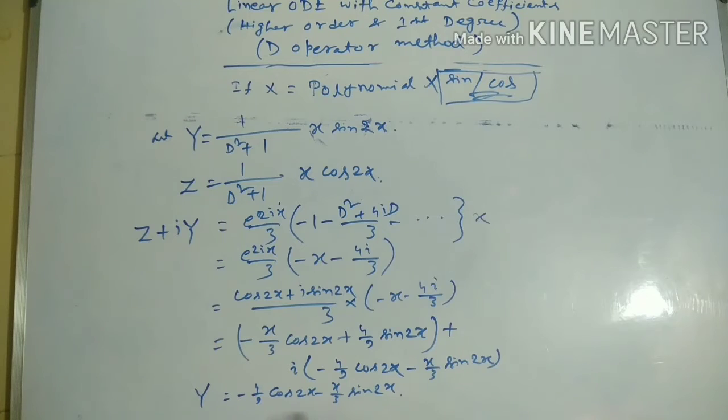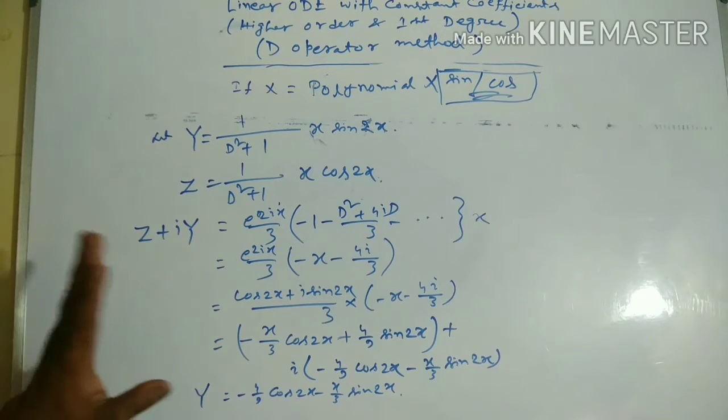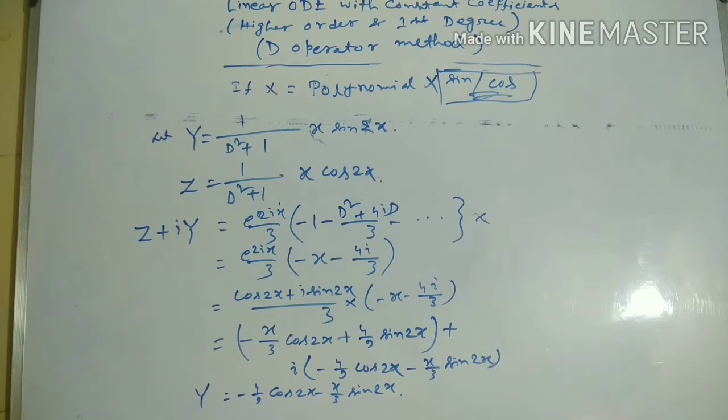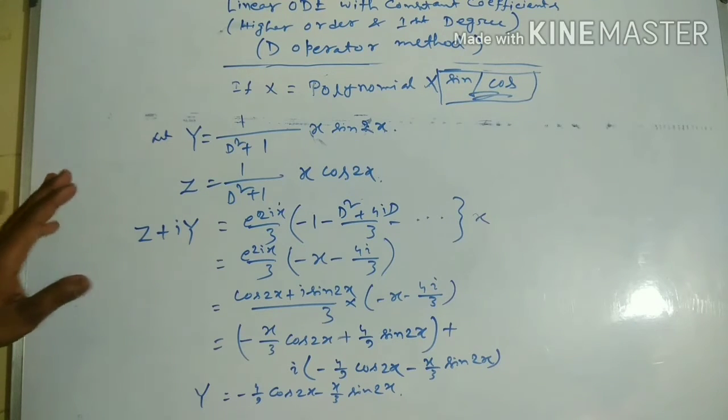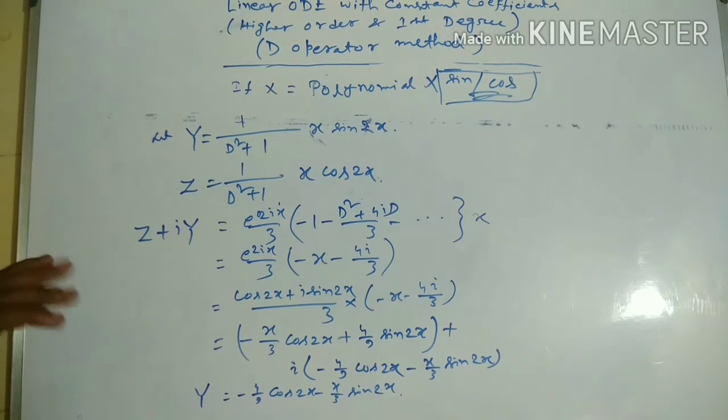So if there is a product of a polynomial and a sine function or a cos function, we have to assume the other function: if there is sine, we assume cos, or if there is cos, we assume sine.